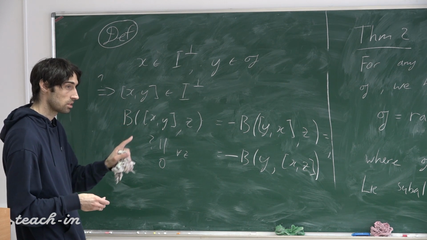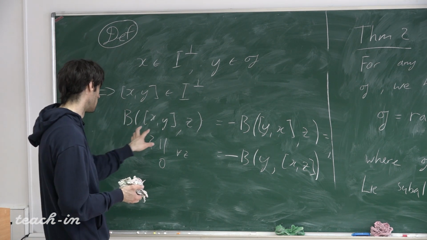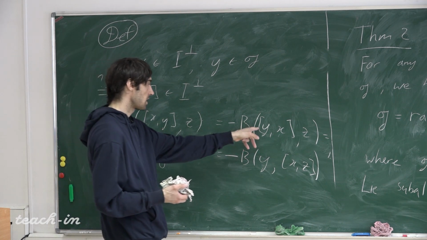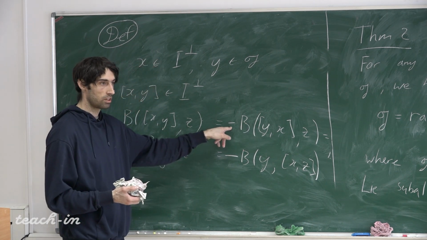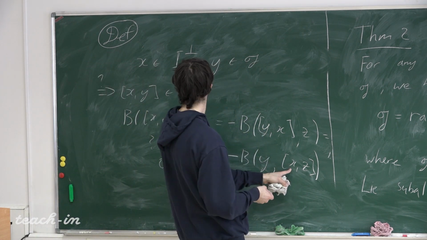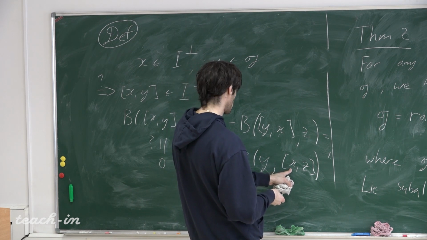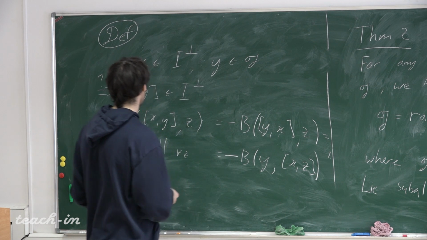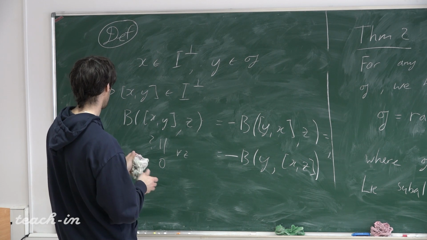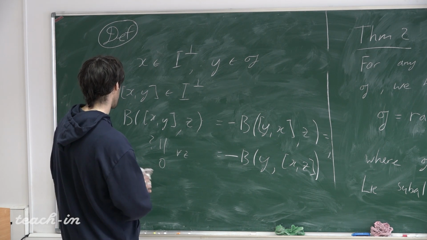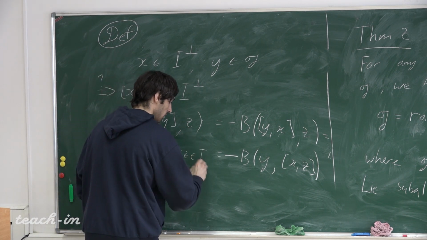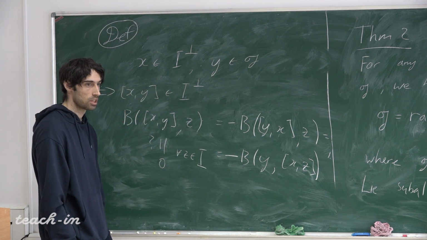No, I don't use any symmetry or anti-symmetry. I interchanged two elements in the commutator. Okay. Then I get minus inside, which I can take outside because of linearity of the form. And then X is from I orthogonal. So therefore Z should be from I, right? So that's what we're checking.